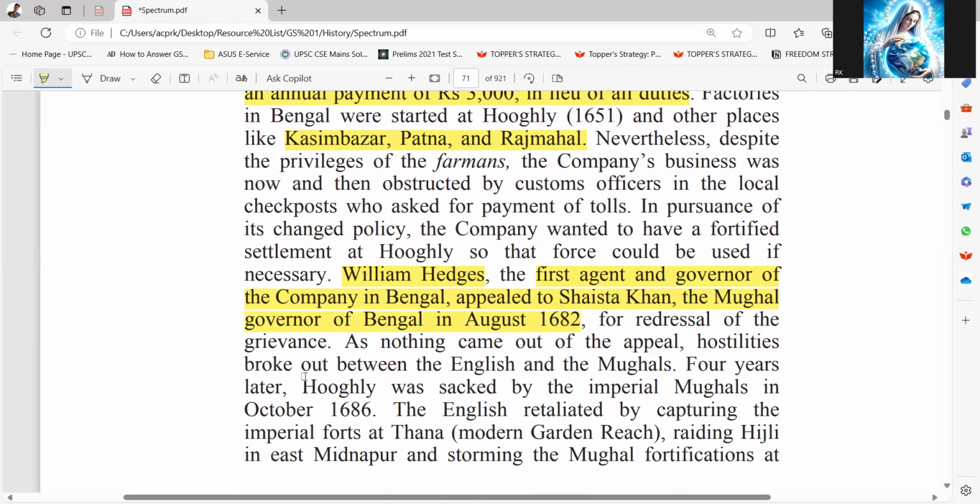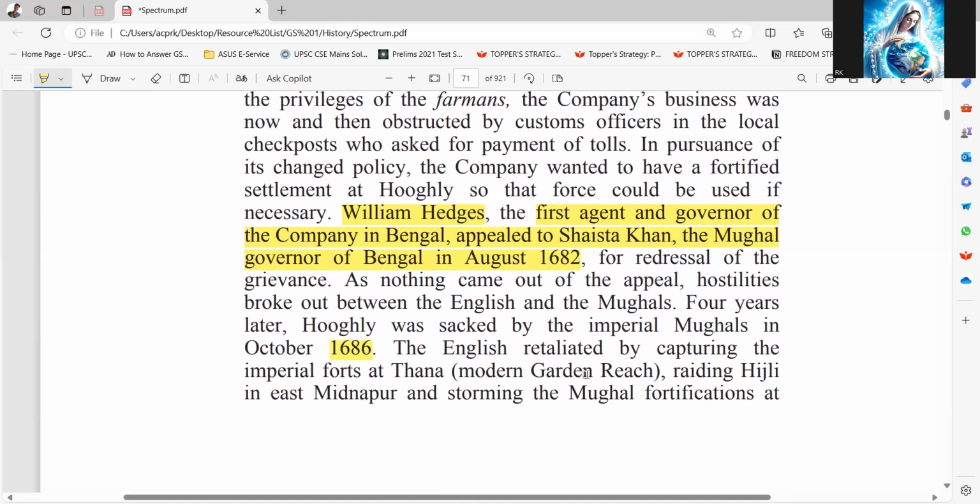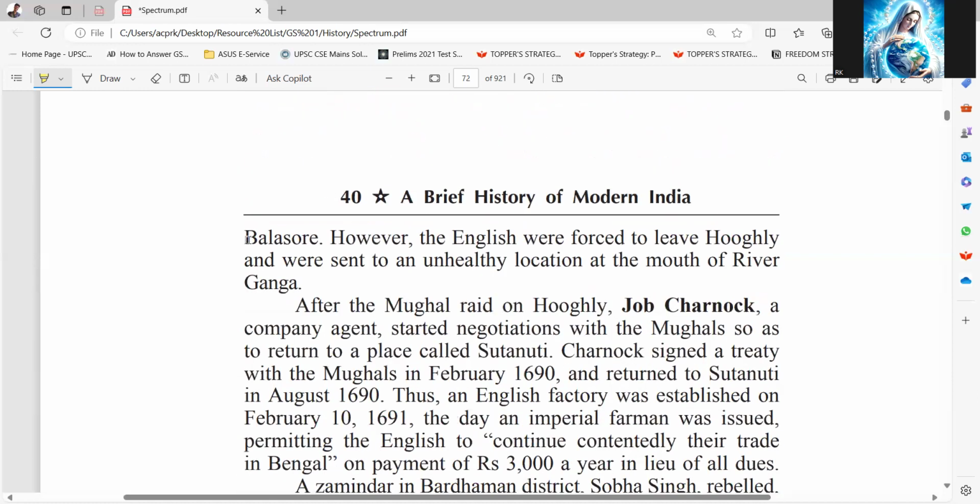Four years later, Hooghly was sacked by the Imperial Mughals in October 1686. The English retaliated by capturing the imperial forts at Thana, modern Garden Reach, raiding Hijli in East Midnapur, and storming the Mughal fortifications at Balasore.